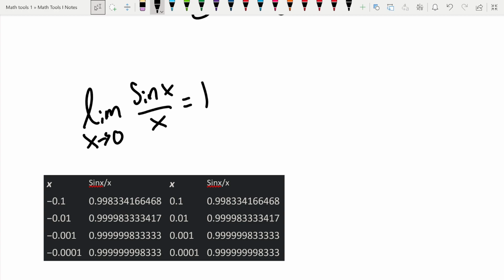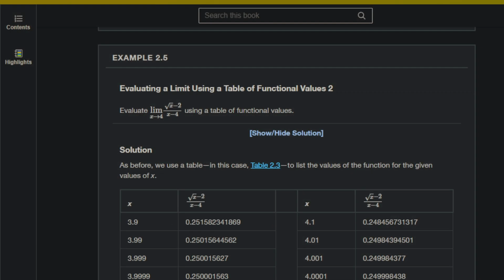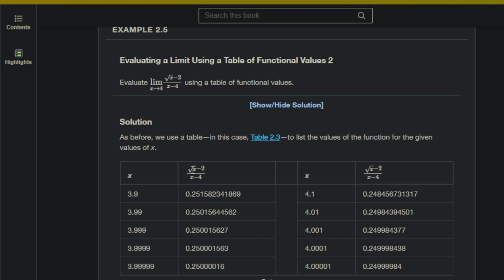Rather than copying the whole table here, because these are pretty tedious calculations, let's just look at this problem I have here from the OpenStax calculus textbook, one of their example problems.